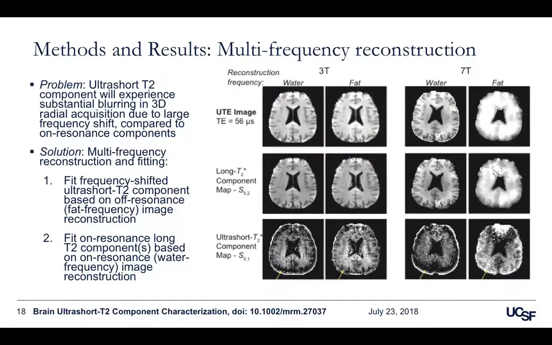So to address this, we did a multi-frequency reconstruction and fitting strategy, where you reconstruct both at the water frequency and then also demodulated at approximately the lipid or fat frequency. And then we use the reconstructions at the fat frequency to generate our Ultrashort-T2 component fits. And we use the water frequency reconstructions to generate our fits of our long T2 component fit values.